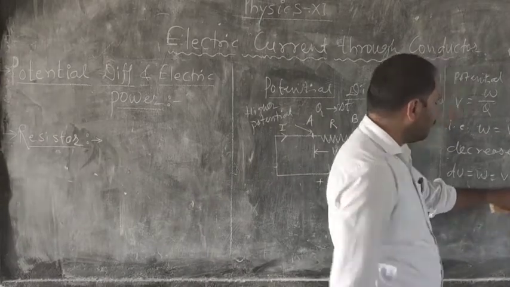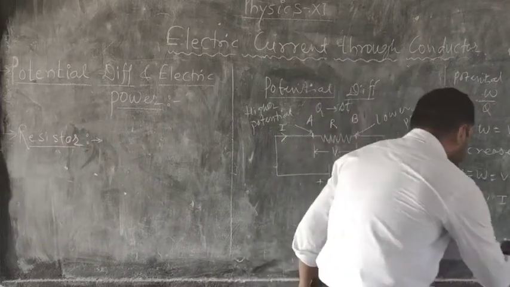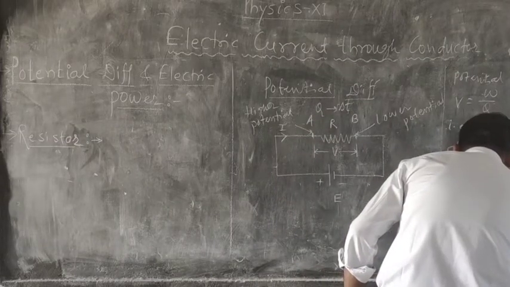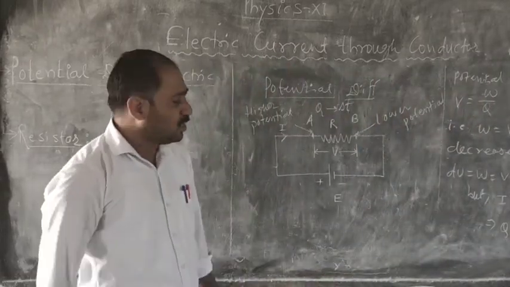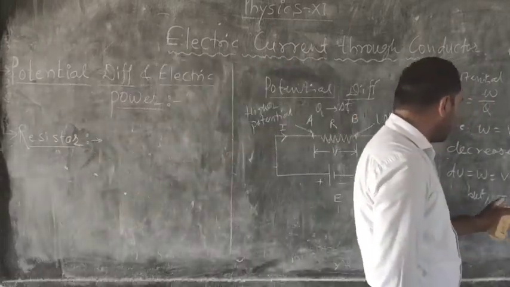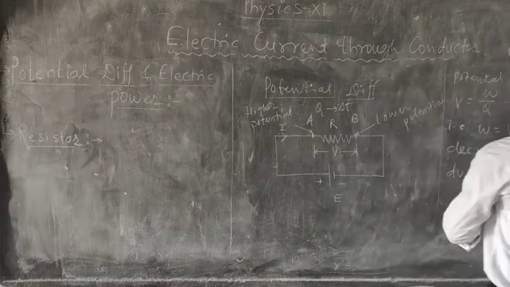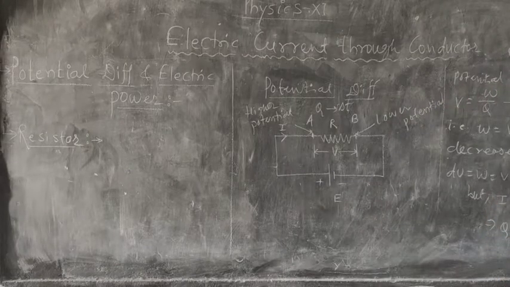So here I want the value of the capital Q. Therefore here capital Q is equal to I into delta T. Suppose this is your equation number 1, this is your equation number 2, and this is equation number 3.